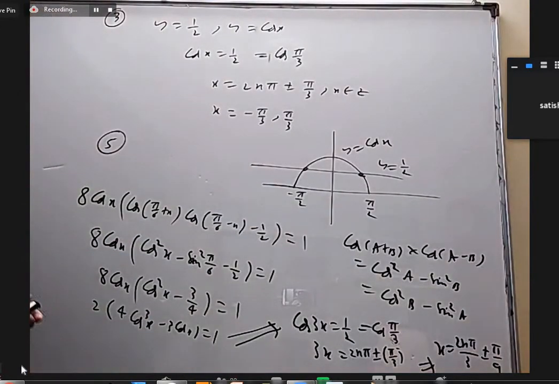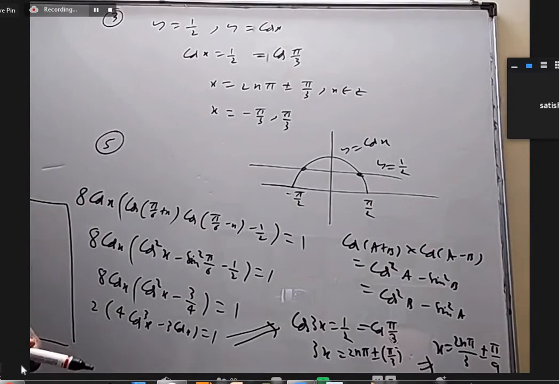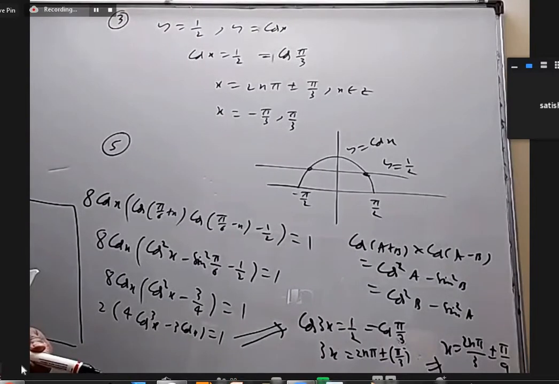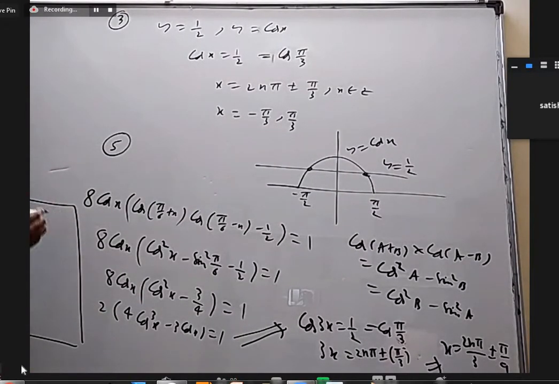We can understand that. Somebody wants to write, writing here. When I put 0, pi by 9 will be one solution. 2 pi by 3 minus pi by 9, what is that?